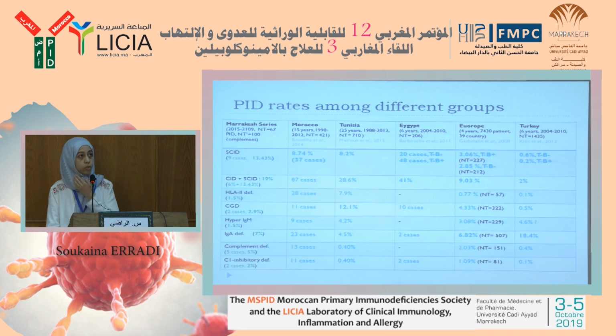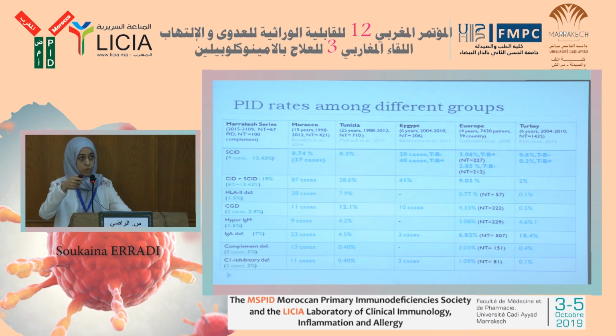Several studies were done in this field. As we can see in Morocco, a 15-year study shows as well a rate of 8.74% of SCID cases. And in Tunisia, there was a high rate as well of SCID and CID cases, both with a rate of 28.6%.